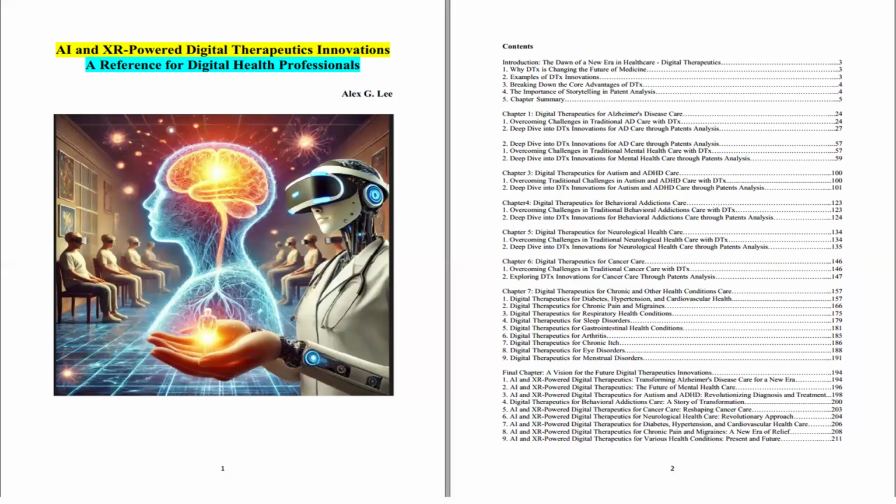This book is very comprehensive, based on my exploring all different health conditions, from Alzheimer's disease to what they call cognitive health or neurodegenerative health, and also mental health: depression and bipolar disorders, anxiety, PTSD, and other types of mental health problems. Another is ADHD or autism, which they call developmental disorders.